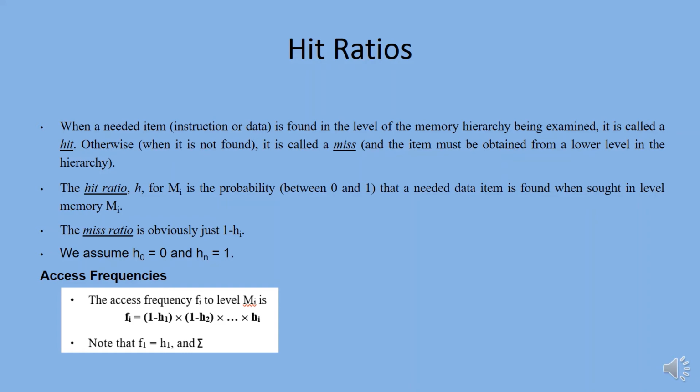This is indeed the probability of successful access to Mi when there are i minus 1 misses at the lower levels and a hit at Mi. Note that the sum of Fi from i equals 1 to n is always equal to 1 and F1 is equal to H1.